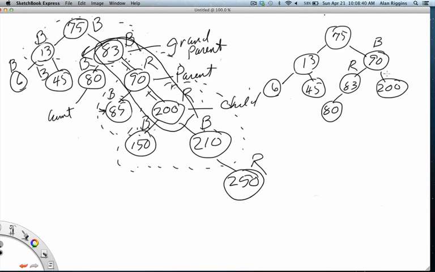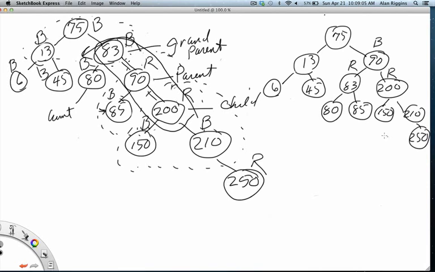The other nodes retain the colors that they had before. Okay, we have the 90. The 85 has to switch sides. It goes here. Off the 200, we have 150, 210, and 250.